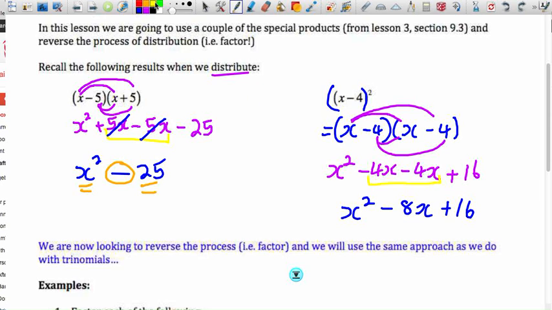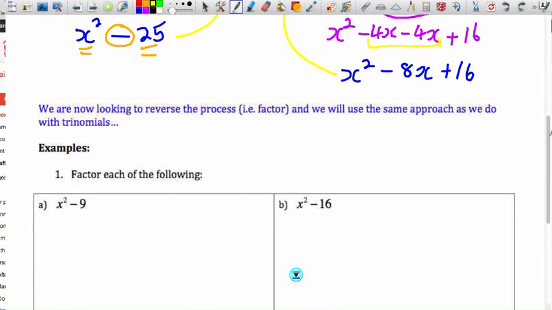And so the focus of today's lesson is going to be starting with a difference of two squares, or with a perfect square trinomial, and working back to the factored form, since, as I mentioned before, factoring and distribution are opposite or reverse processes.